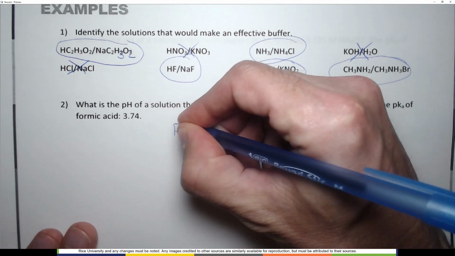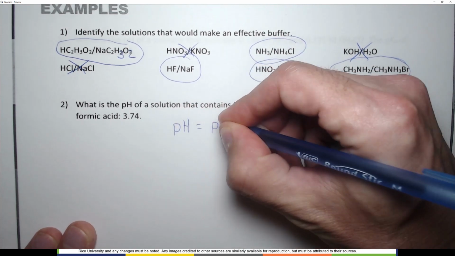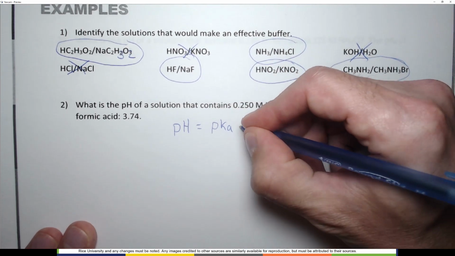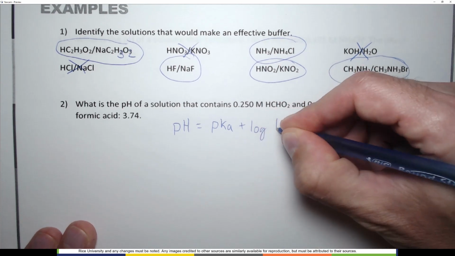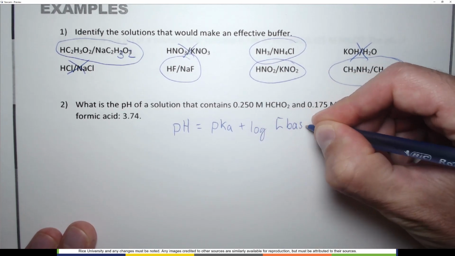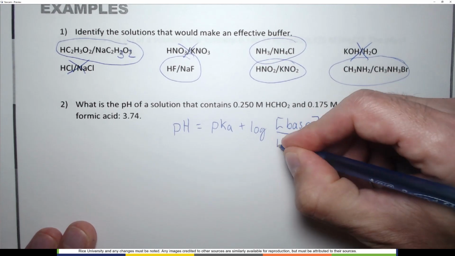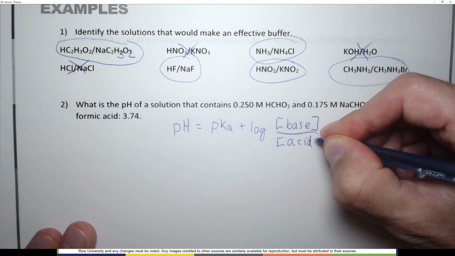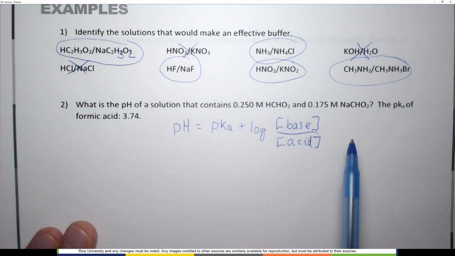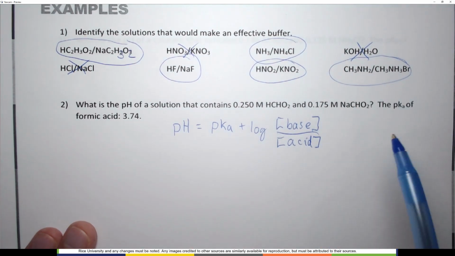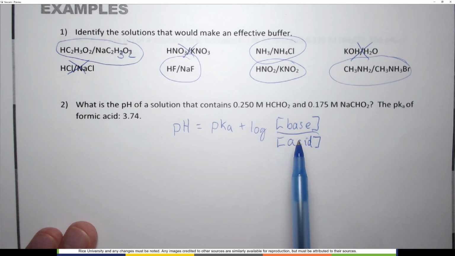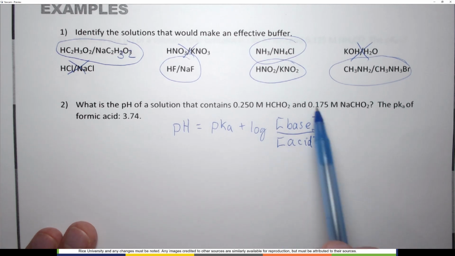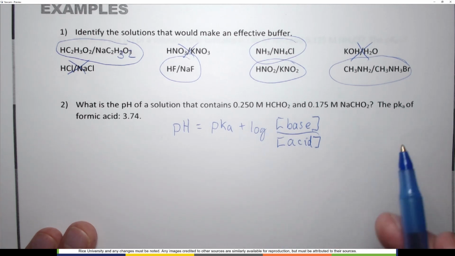That is, the pH equals the pKa plus log concentration of base over concentration of acid. I'm not going to do this every time, but since it's the first time we're using this, I want to rewrite this equation with the actual base and acid that we have in this problem.